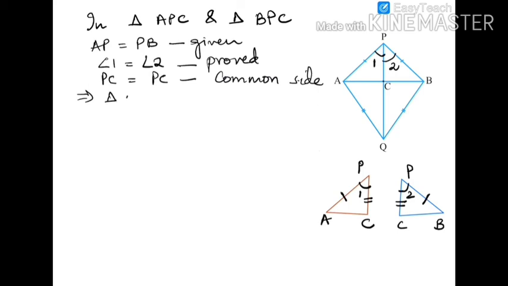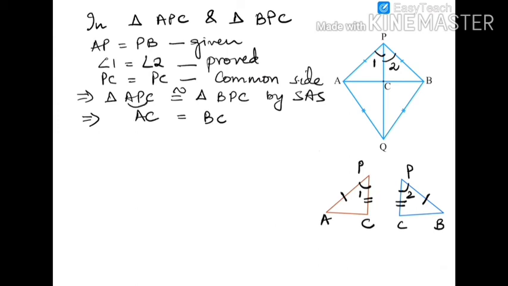So triangle APC is congruent to triangle BPC by SAS. So if they are congruent, we can say AC is equal to BC. Their corresponding sides are going to be equal, CP, CP. And we can also say that angle 3 and 4 are equal.